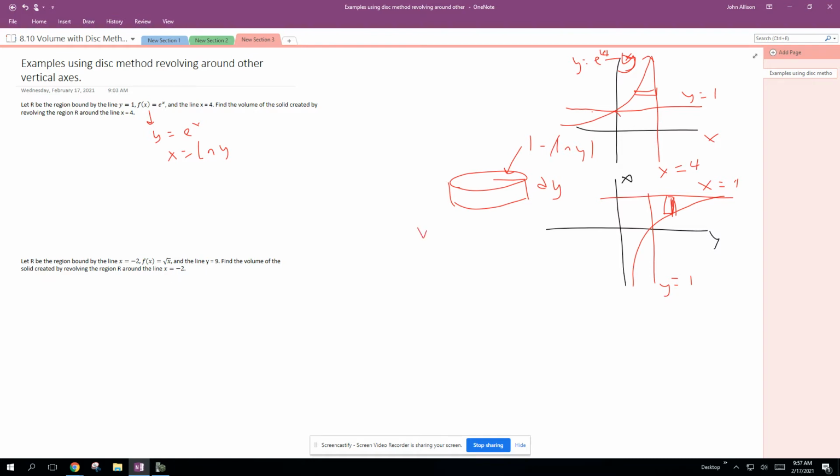So I'm going to write an expression for the volume of one of those. It's going to be pi times the radius, 1 minus ln y squared, times the height, dy.